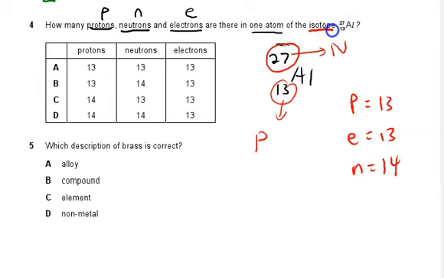If it is an isotope you have the same proton number, so this will also be 13. Now let us check the options they have given us. We have proton number 13 and 13, so 14 is absolutely wrong, as it's not for isotopes. Then here we have neutrons 13 and electrons 13, which doesn't make sense. Here we have 14 and also 13.